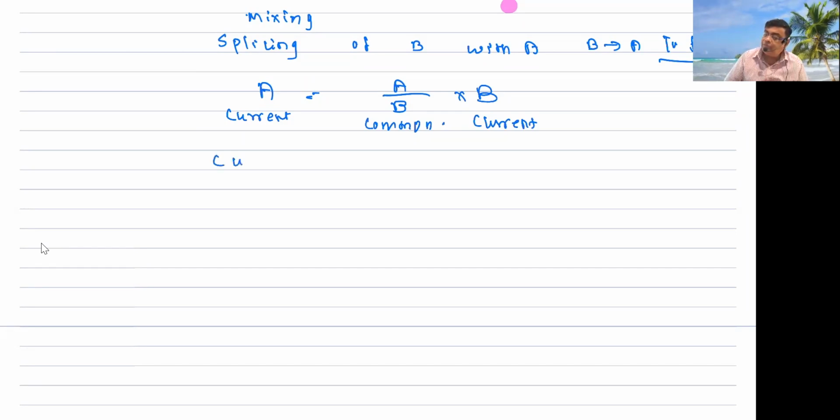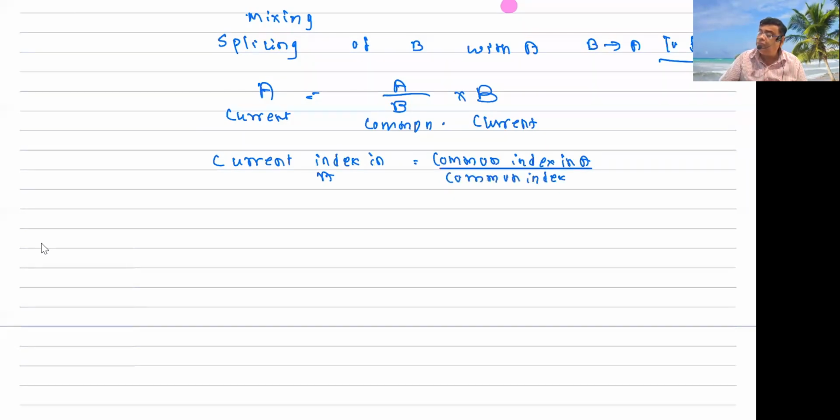It will be current index in A, over common index in A, over common index in B, and that into current index in B.